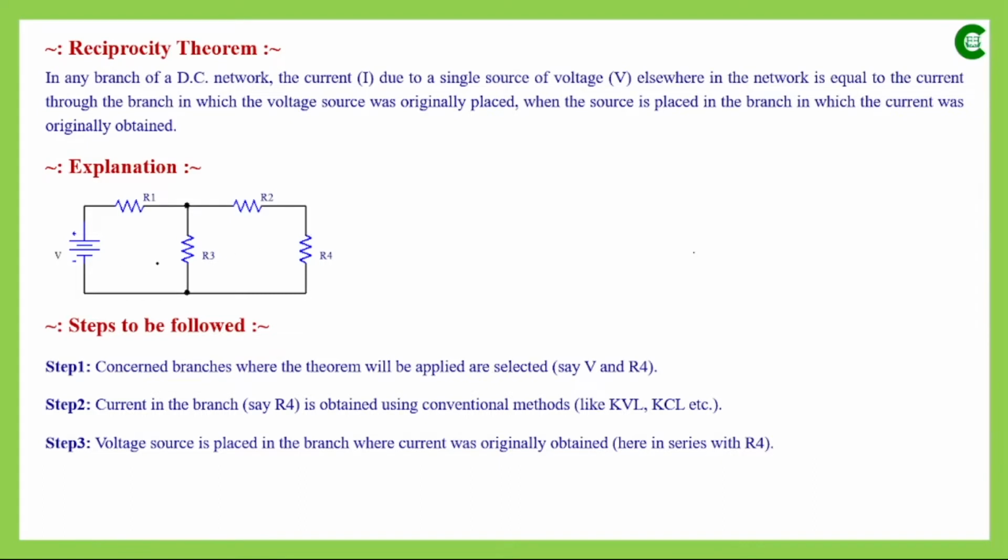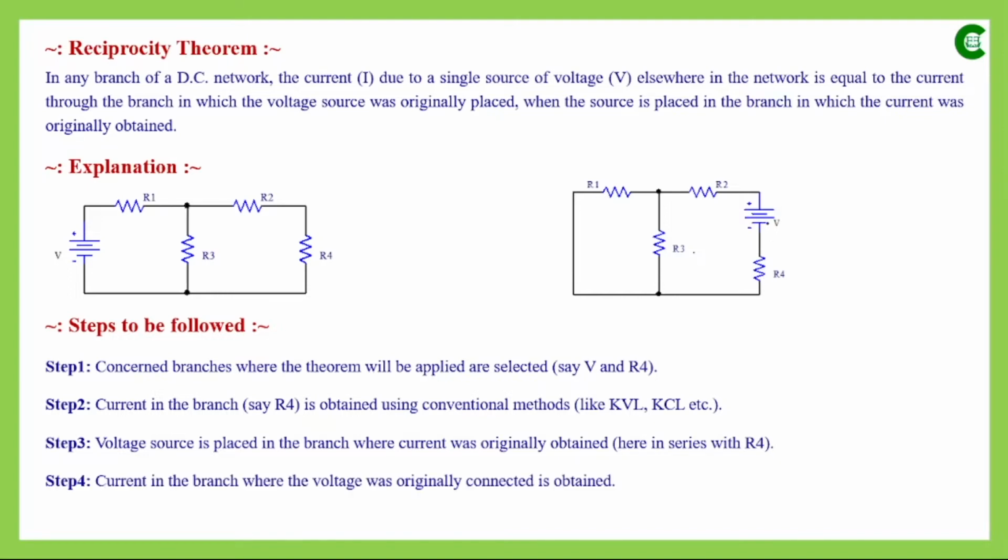So in the modified circuit, we will have this voltage source with this resistor in series, and after placing this voltage source we will obtain the current value through this resistor, where the voltage source was originally placed. For this also we will be applying the conventional methods like KVL, KCL, etc. that I have already mentioned.